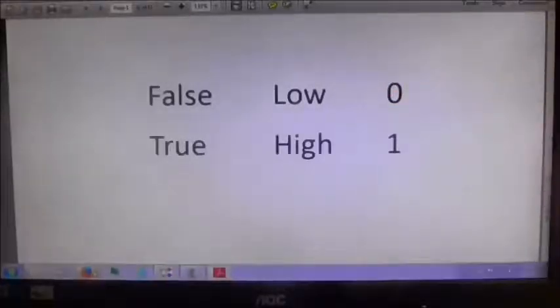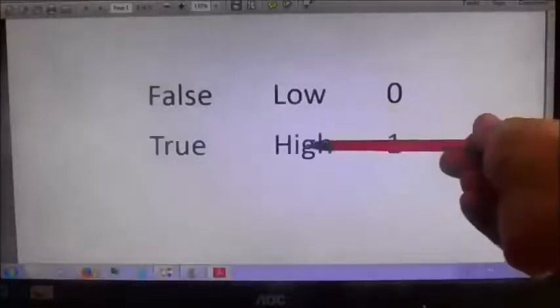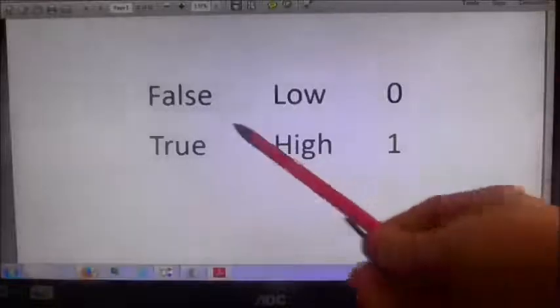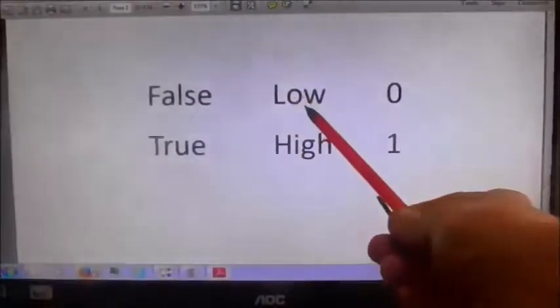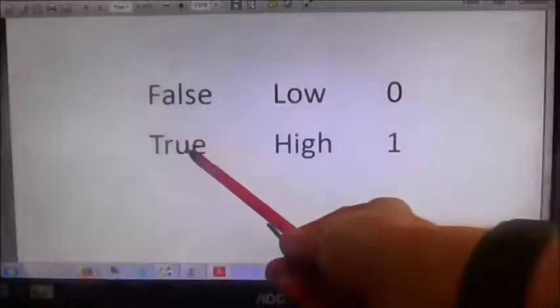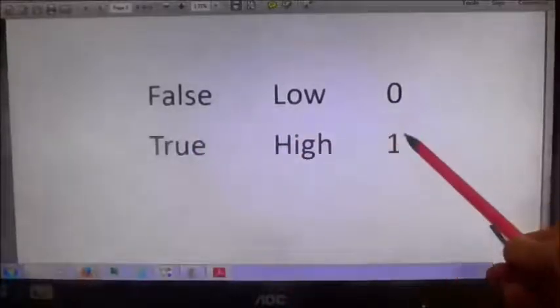If there is a pulse present, we tend to say it's 1, or we might equally say high. Now these three terms are interchangeable. So where you hear false, you might also hear low, and you might also hear 0. And where you hear true, you might also hear high, or you might hear 1.